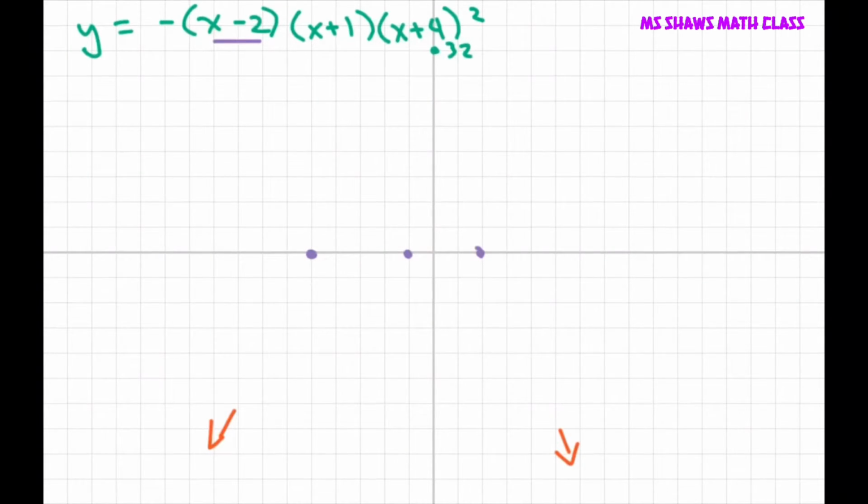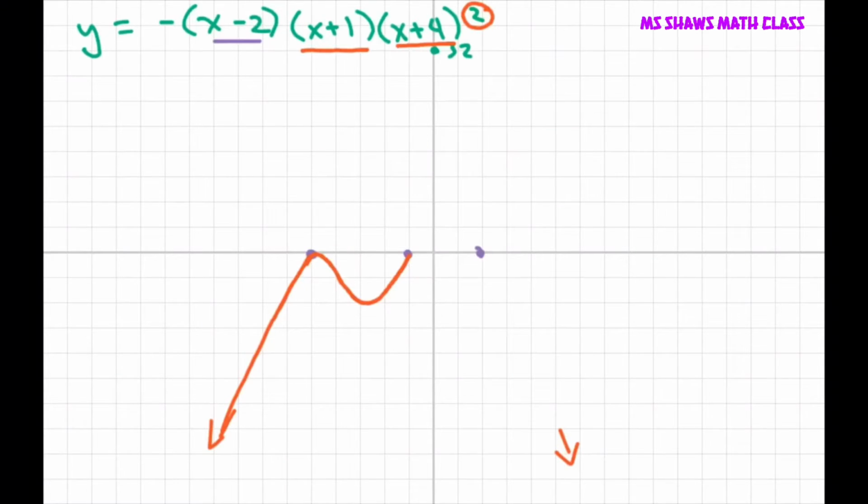So we're going to go all the way up to our negative 4. Now, since this factor is squared, an even power, we can't cross. We only touch and come back down. I'm just sketching the graph, so I'm not going to worry about the local min and max and all that. I'm just going to come back up through negative 1.